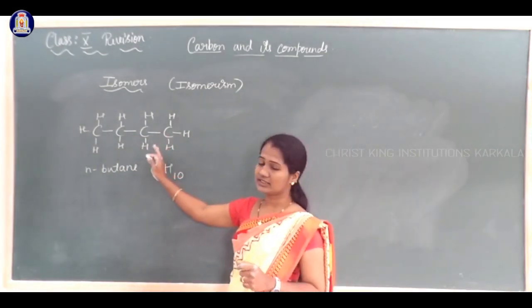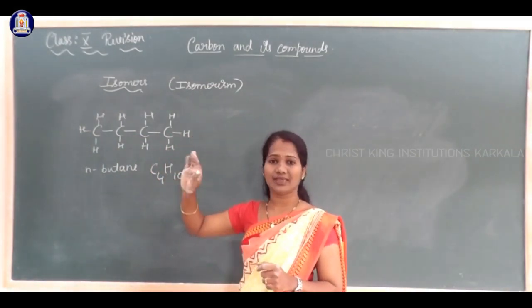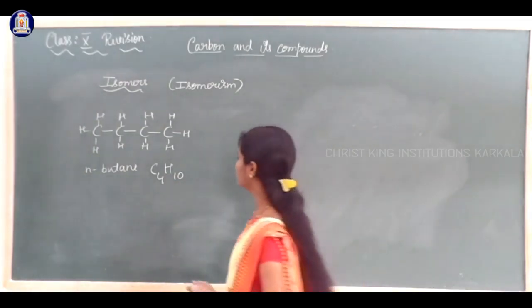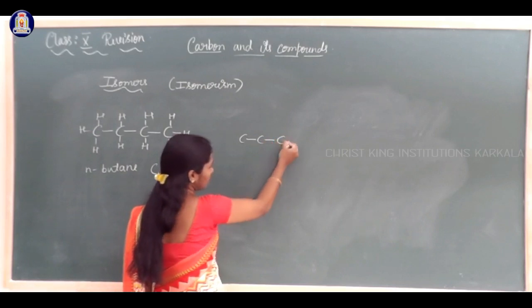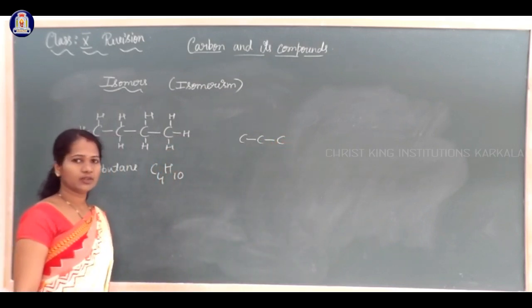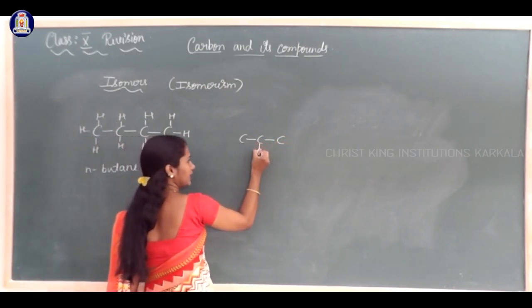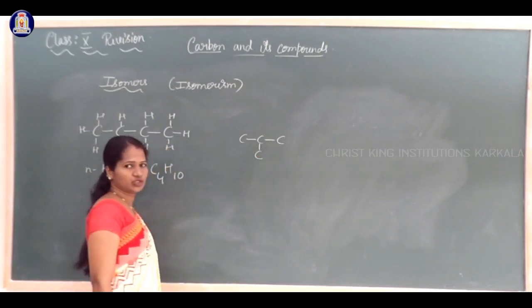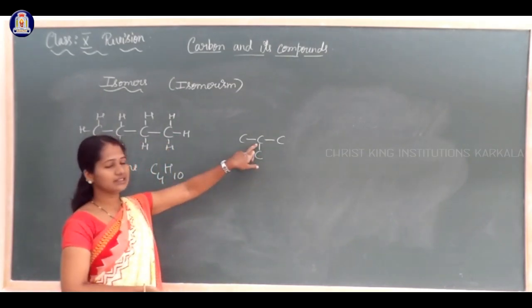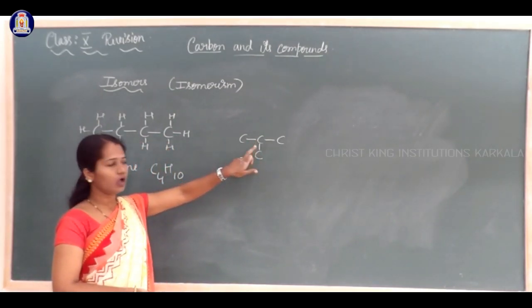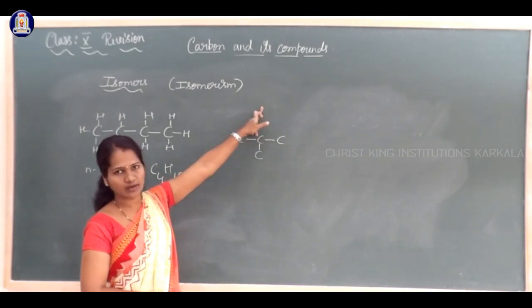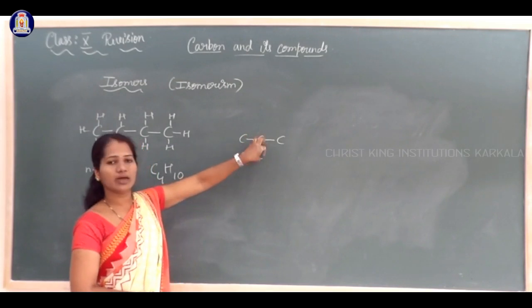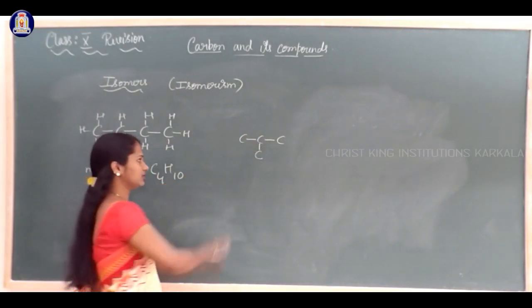Now, this same compound can be written in another way. How to write this structure? 3 carbon atoms can be written in a straight way, but one more carbon atom I write like a branch. It is the branch of the second carbon. You can write it down, or you can write it up. Anywhere you can write, for the second carbon give a branch. Now complete this structure.